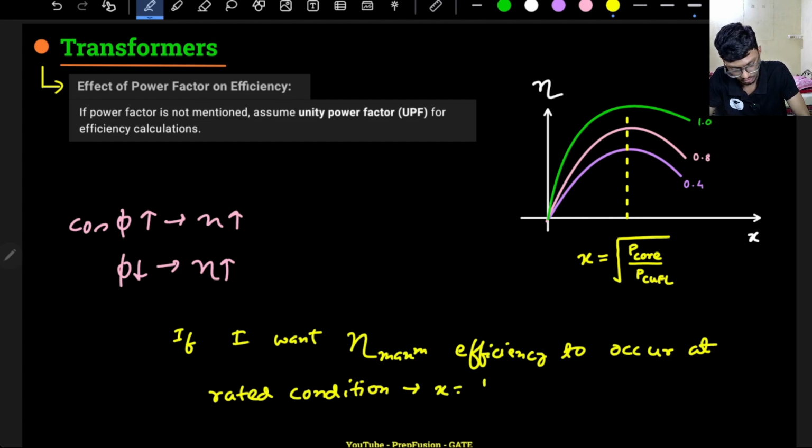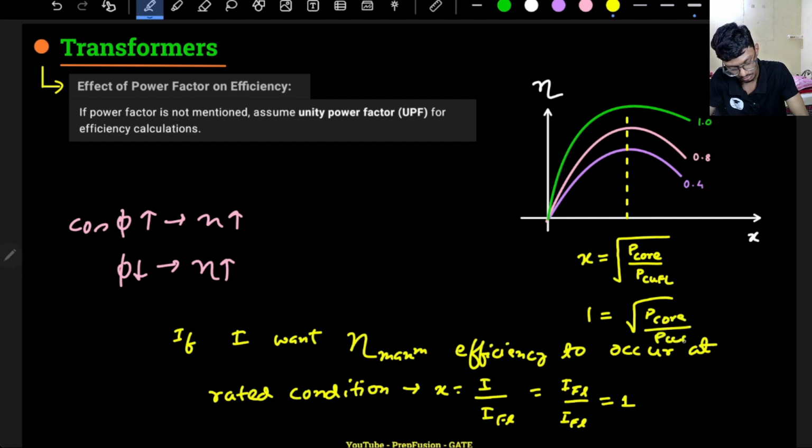So basically my x is equal to I upon I FL, correct? Full load means I will be IFL, so x will be equal to 1. So if x is 1, I want maximum efficiency to occur at this load. So 1 will be equal to under root P core by PCU FL.